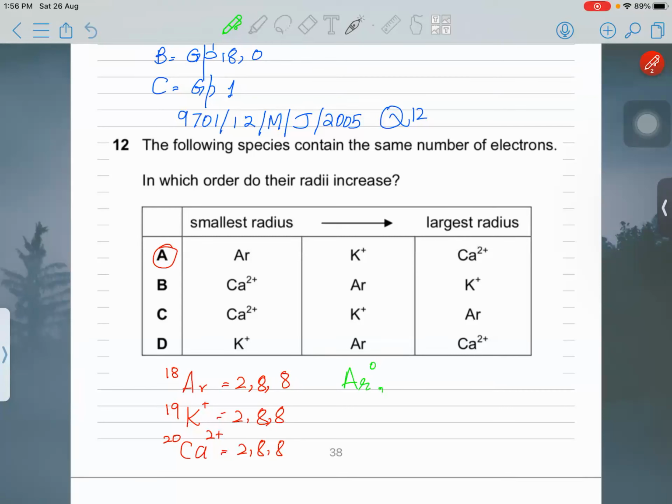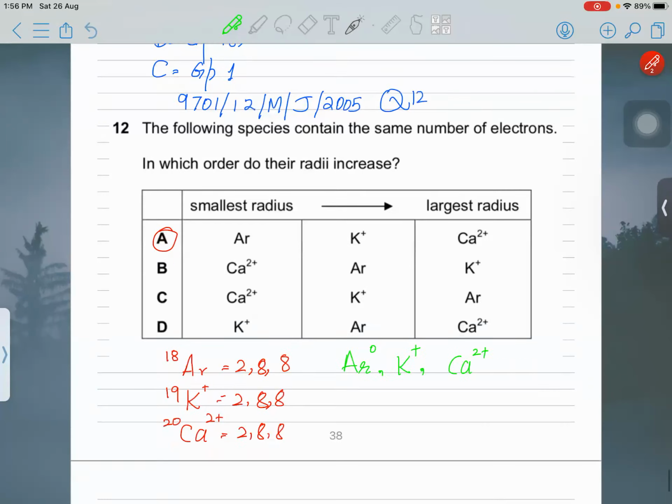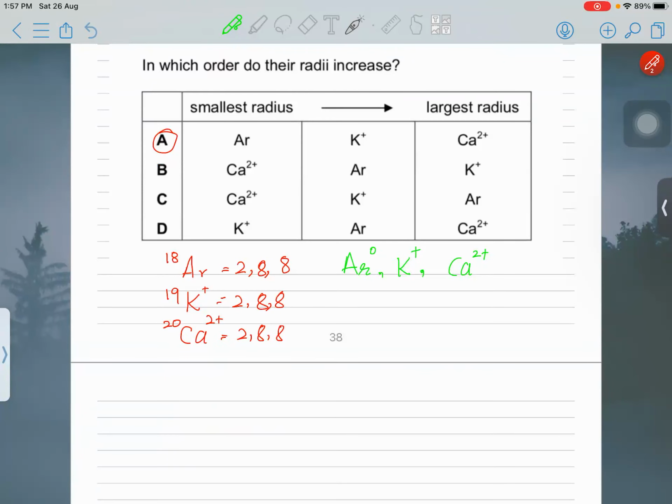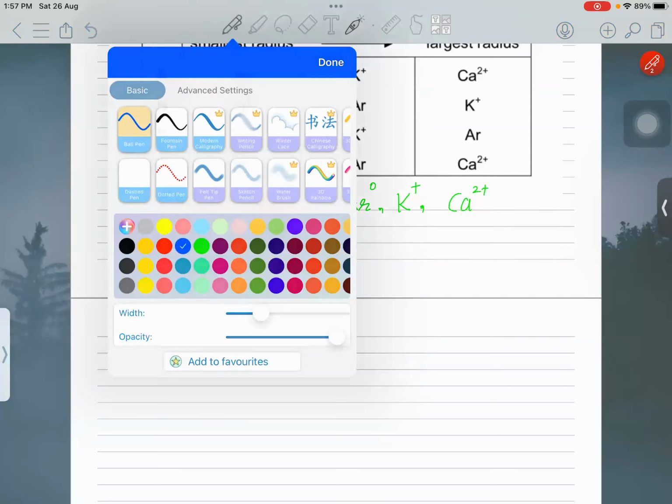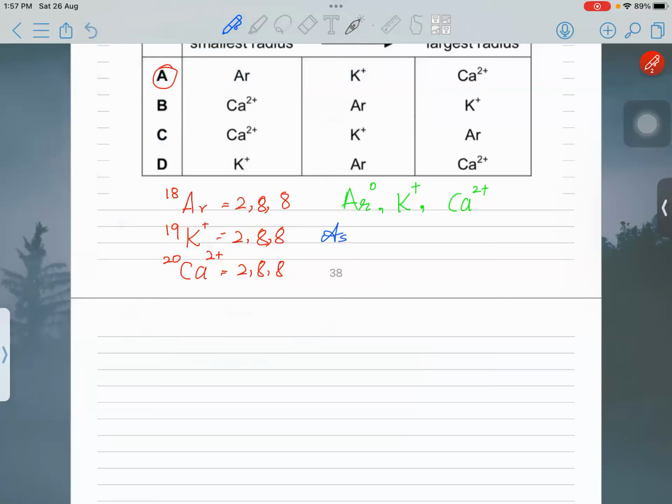Now listen. Argon has 0 charge. Potassium has plus 1 charge. Calcium has 2 plus charge. The shell remains the same, but the positive charge increases. As the positive charge increases, size decreases. As size decreases, ionization energy increases. Are you getting my point or not, Peter?